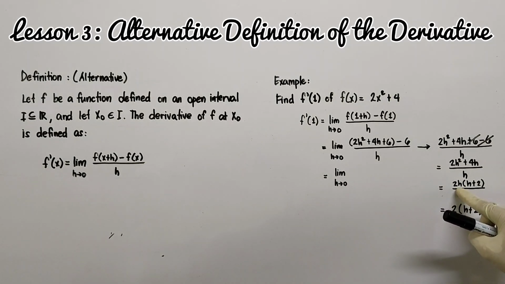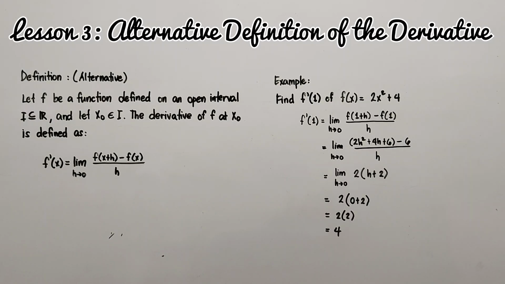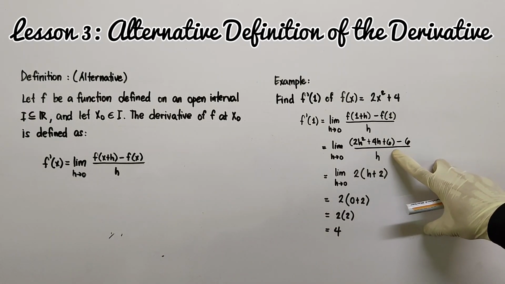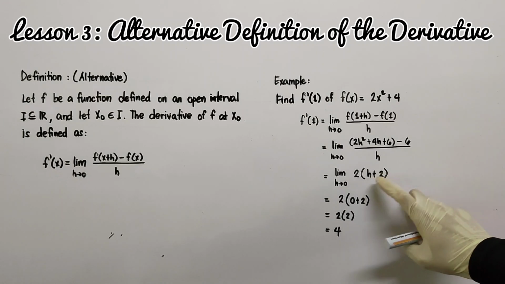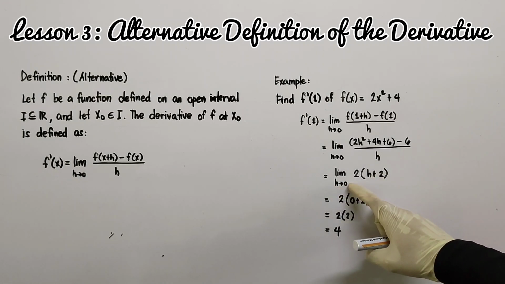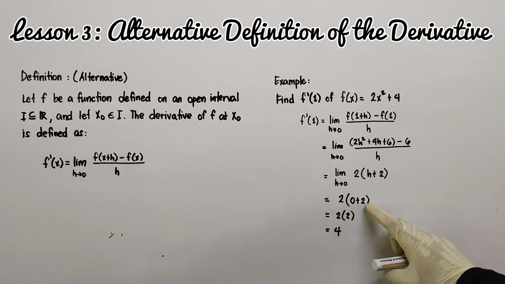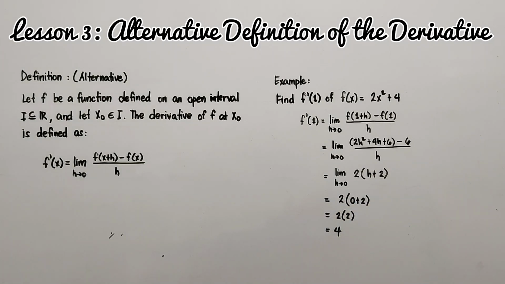So factor out, and that becomes 2h times h plus 2 over h. We still have a common factor of h, so we can cancel h and h. So we have now 2 times h plus 2. The simplified form of this ratio is 2 times h plus 2. Substitute h equals 0. So you have 2 times 0 plus 2, and that is equal to positive 4.